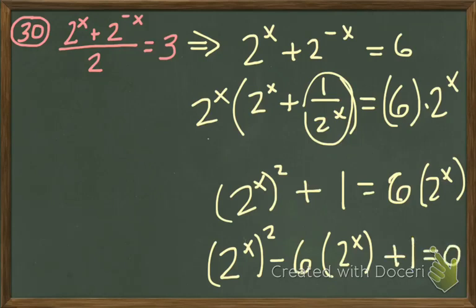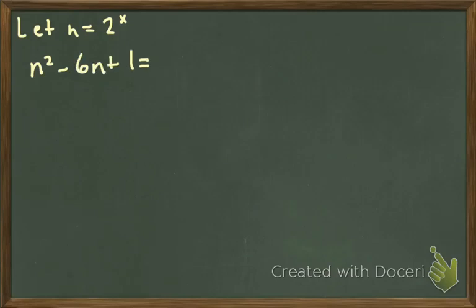What we have here now is a quadratic term, and we can see the quadratic nature of it if we begin by letting n equal 2 to the x. Then we can rewrite our equation as n squared minus 6n plus 1 equals 0.